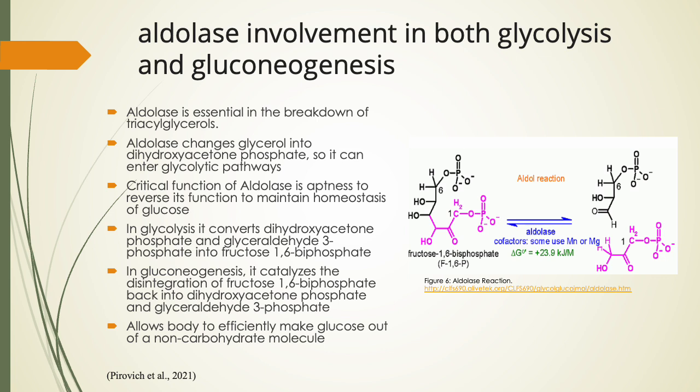In gluconeogenesis, it catalyzes the disintegration of fructose 1,6-biphosphate back into dihydroxyacetone phosphate and glyceraldehyde 3-phosphate, allowing the body to efficiently make glucose out of a non-carbohydrate molecule.